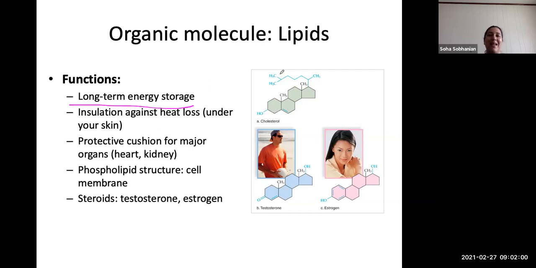So okay, insulation against heat. Underneath your skin, there is a layer of fat, and that layer of fat is basically your insulation. As a person ages, I mentioned that last time as well, that layer of fat slowly disappears.